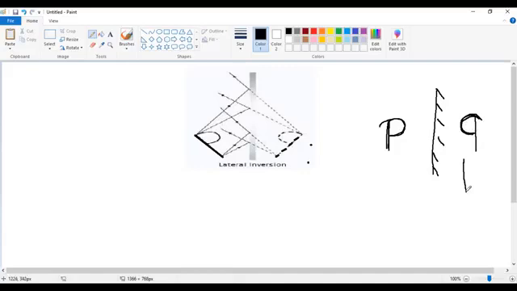Students, it is not made inverted. It is not upside down. This would have happened in a real image. But this is lateral inversion. Lateral inversion means only the sides get changed.